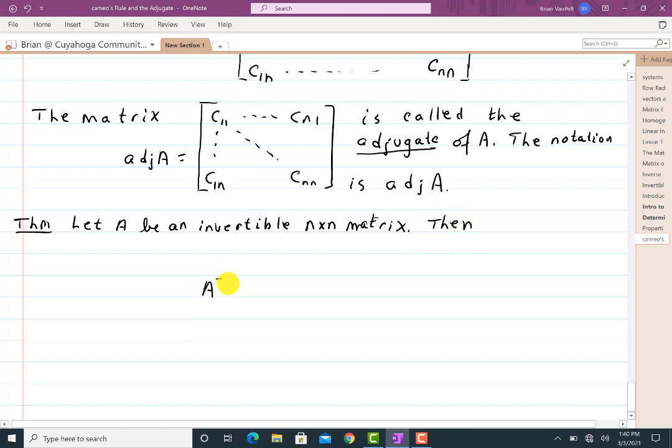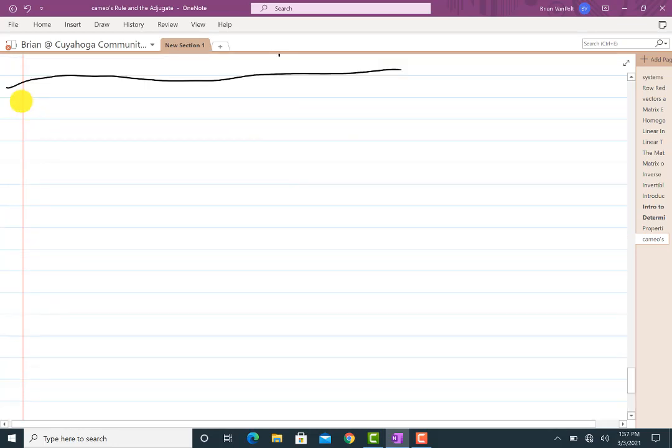Then A inverse equals 1 over the determinant of A times the adjugate of A. We just did the proof right before this, so I'm not going to bother with that. Let's go right to an example. Let's use the adjugate to find an inverse. So I'm going to compute A inverse using the adjugate.